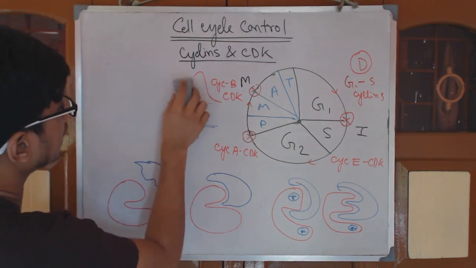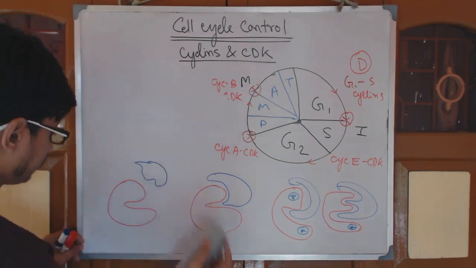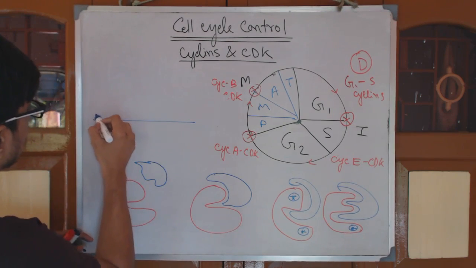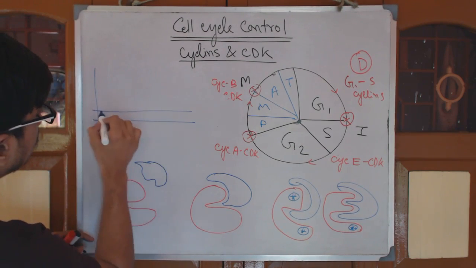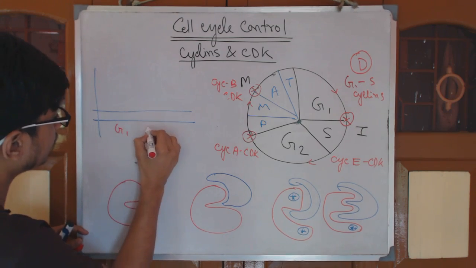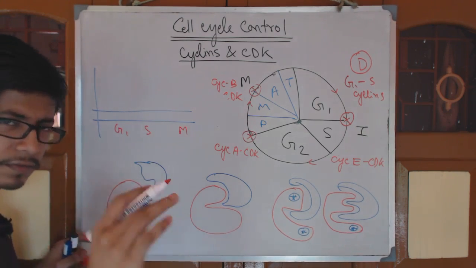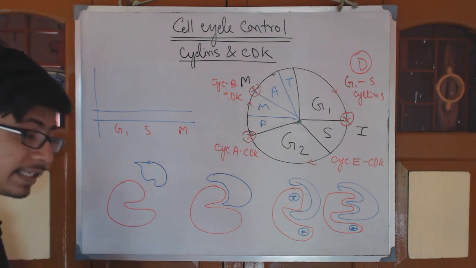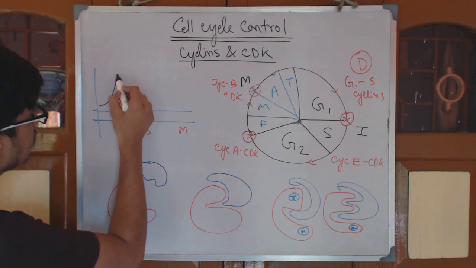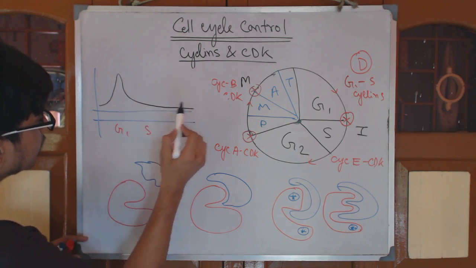So if I draw it for different cyclins, it will look something like this. Steady rate for CDKs, but for the cyclins, let's say G1 cyclins, we have G1 phase, S phase, and let's say M phase for first. So G1 phase cyclins will rise and then fall.